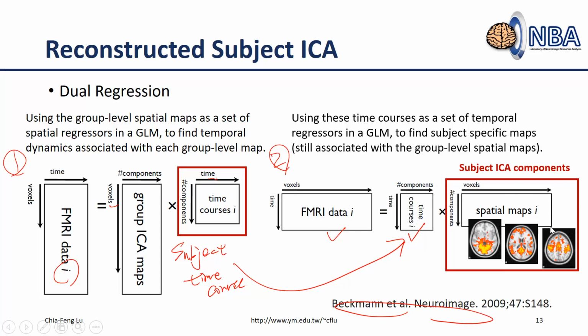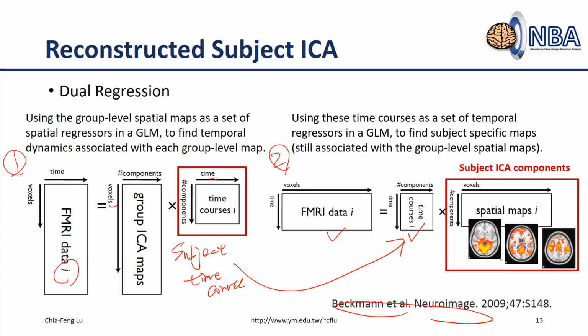So you can see what you have on hand is actually the subject ICA components. It will be a little bit different from the group ICA map, however you can compare this later. If you have all the subject ICA components or ICA maps on hand for each subject, then you will have the chance to perform statistical analysis.